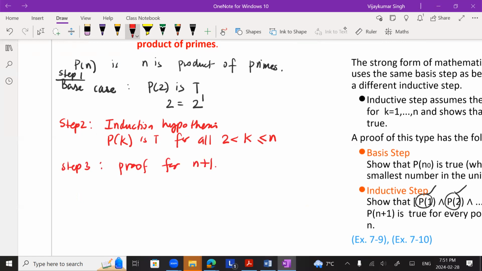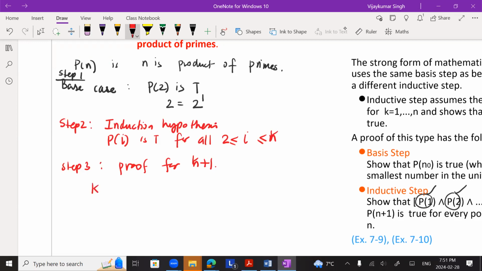If you don't like that, that's fine. Assume Pi is true for all i from 2 to k, just to keep consistency. Now the step is to prove it for k plus 1. Make sense?